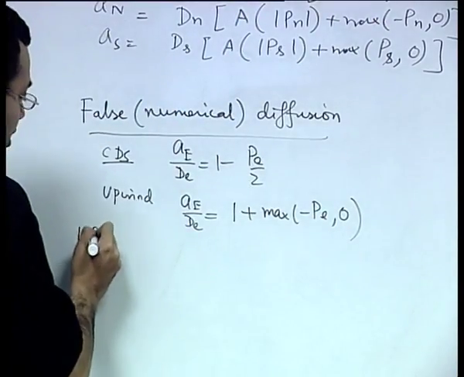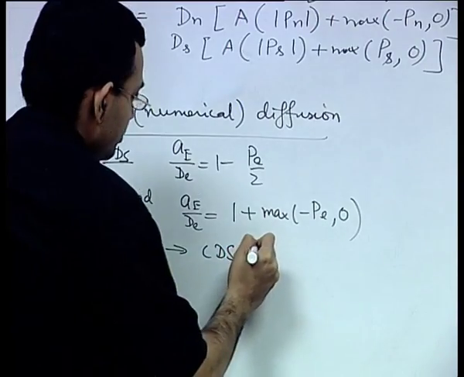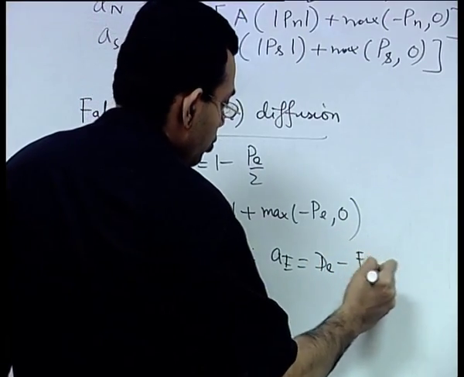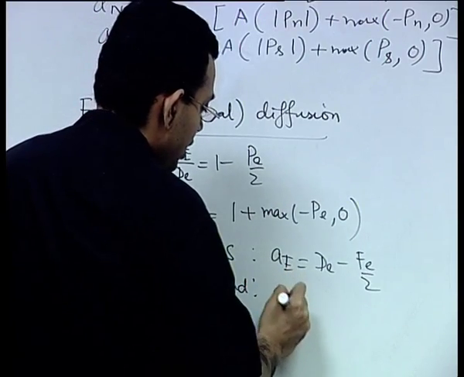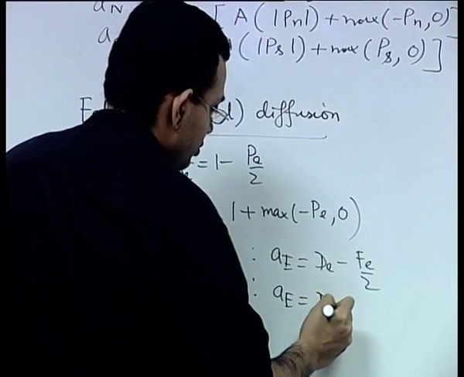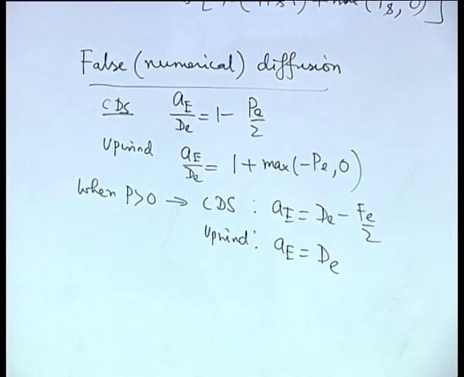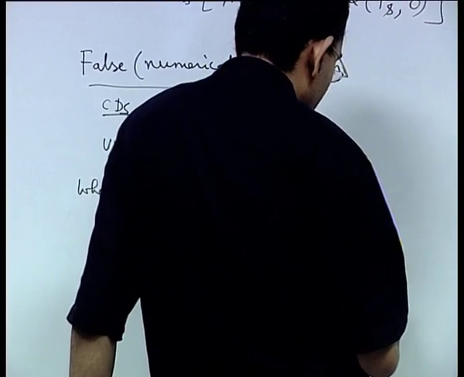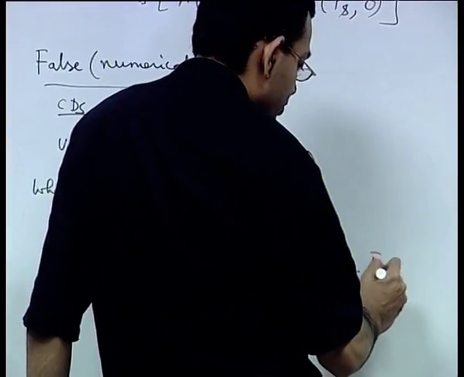So when P is greater than 0, the central difference scheme gives AE equal to DE minus FE by 2, and the upwind scheme gives AE equal to DE, right. So this can be written as DE minus FE by 2 plus FE by 2.